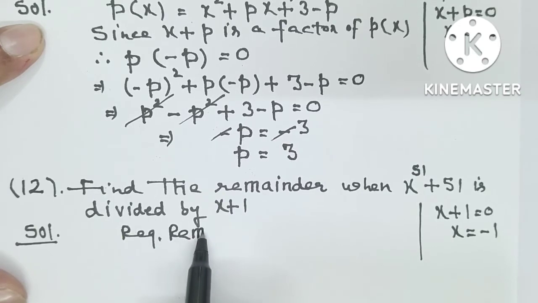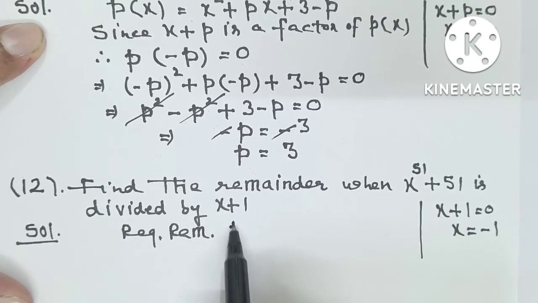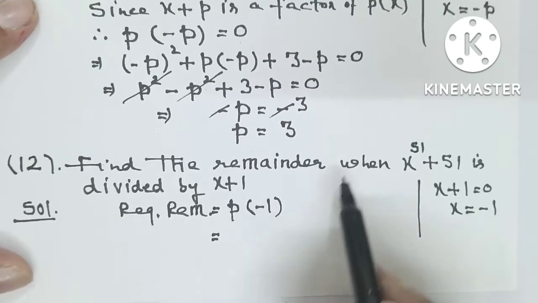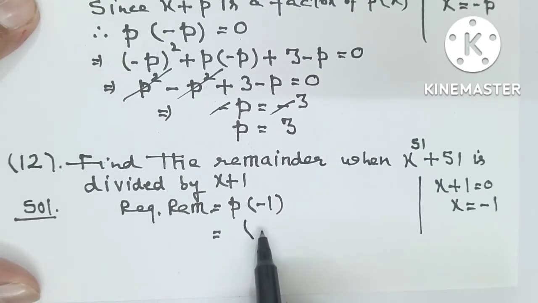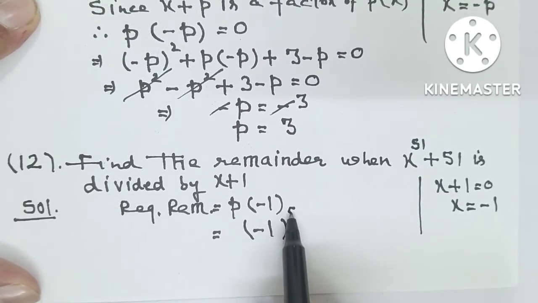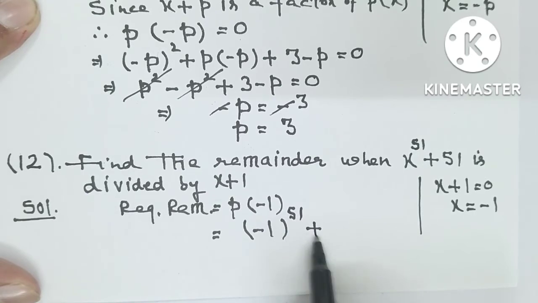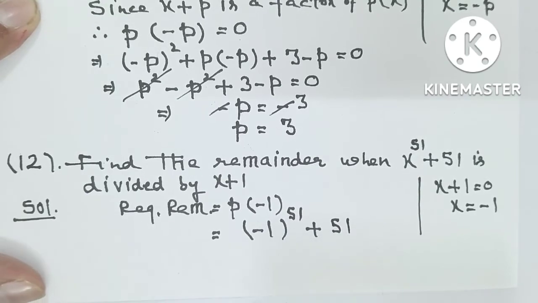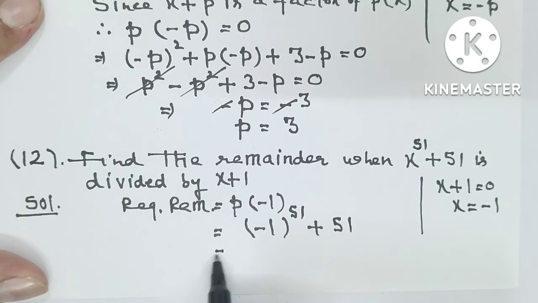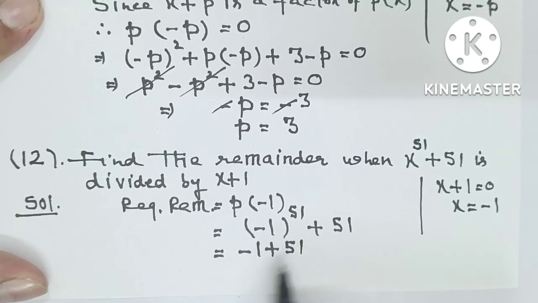Since it is a question of 1 mark, we will directly write that p of minus 1 is the required remainder. Now minus 1 we will substitute here. Minus 1 raised to power 51 plus 51. So minus to the power odd number is minus 1 plus 51. So 51 minus 1 is 50.